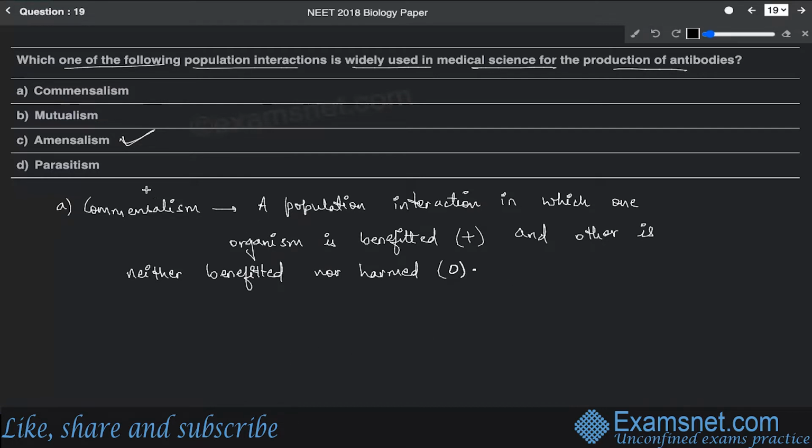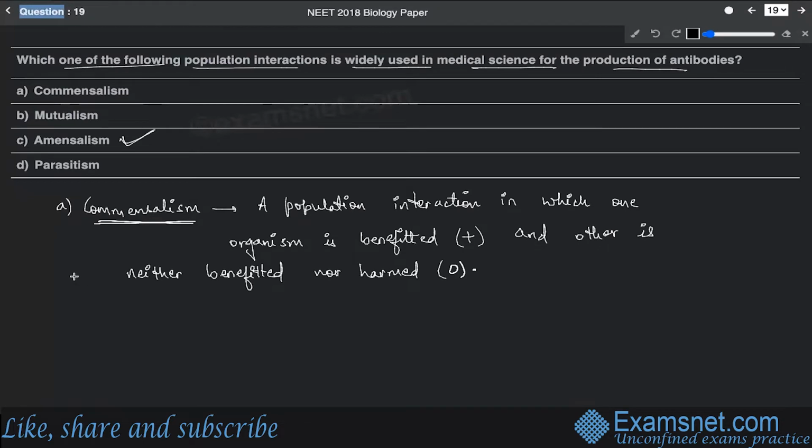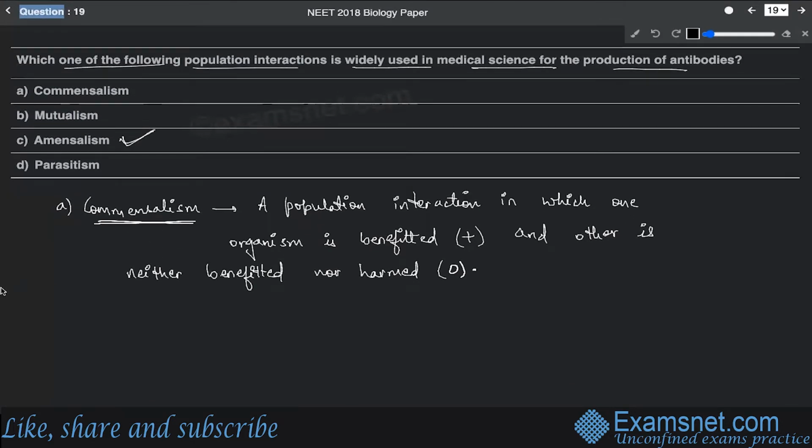This is the case in commensalism. So definitely this won't be an option, because for antibodies the negative and the 0 interaction should be there. So this is not an option.